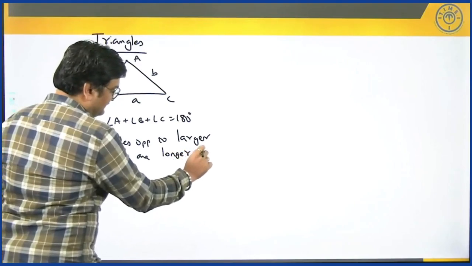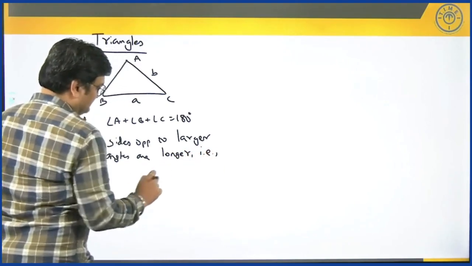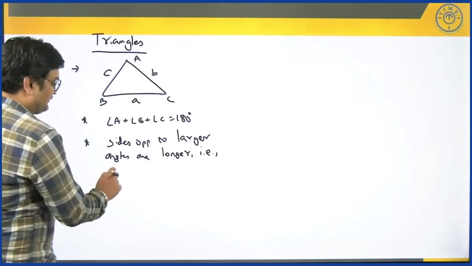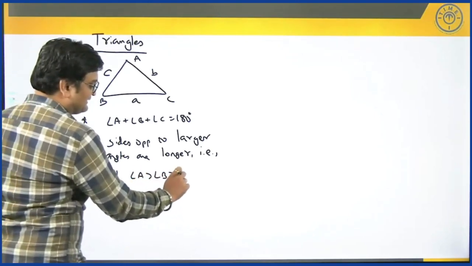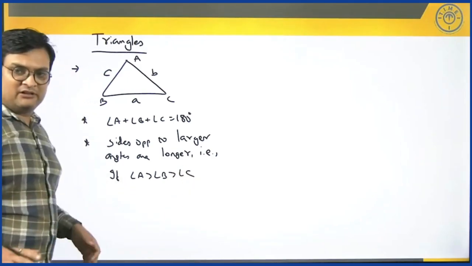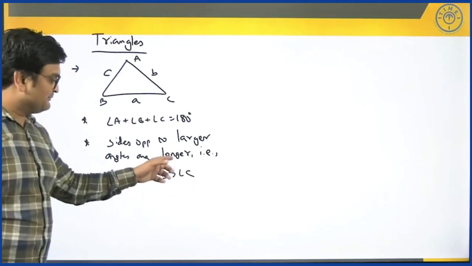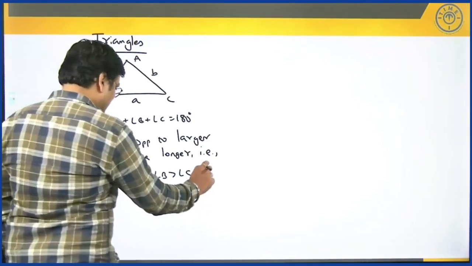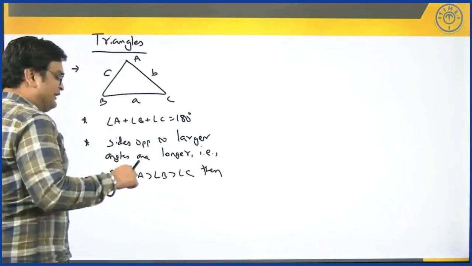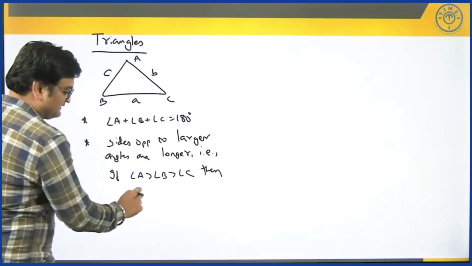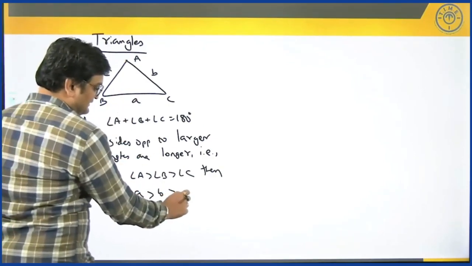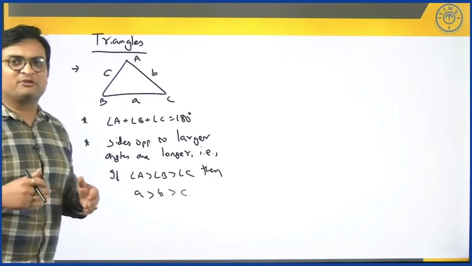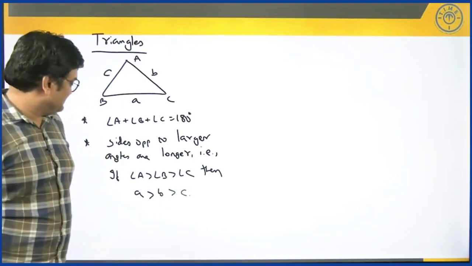So that means if you see that angle A is greater than angle B is greater than angle C, we don't know the values, but we only know the order, then we may say that the side opposite to angle A, which is small a, will be the longest side, a greater than b greater than c. So sides opposite to larger angles are longer, right?